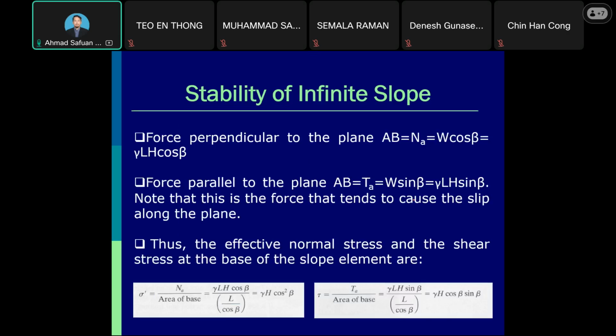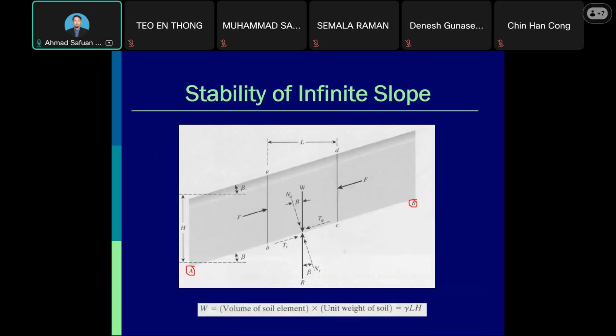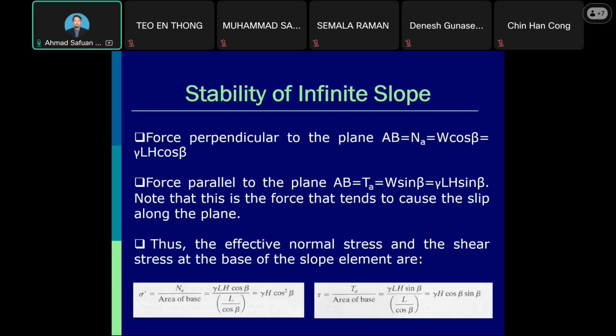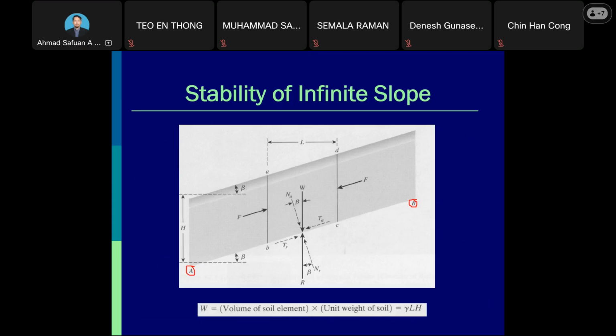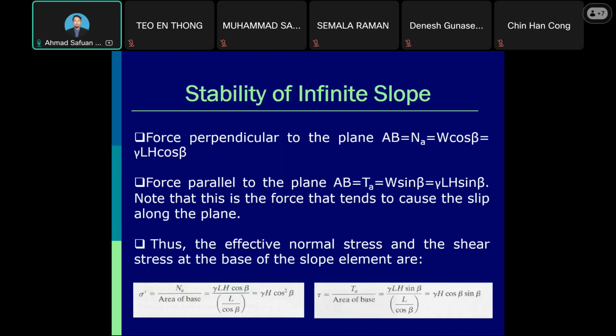We use W as gamma LH, so it becomes gamma LH cos beta. Meanwhile, for the force parallel to the plane AB, which is TA, it is W sine beta, or gamma LH sine beta.